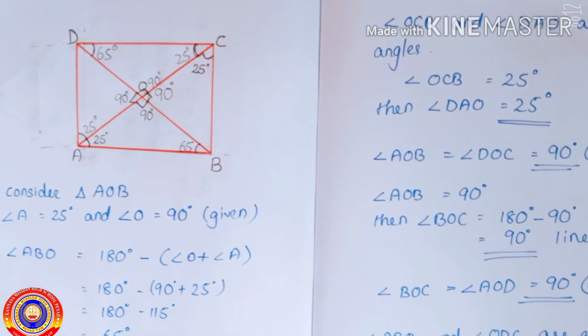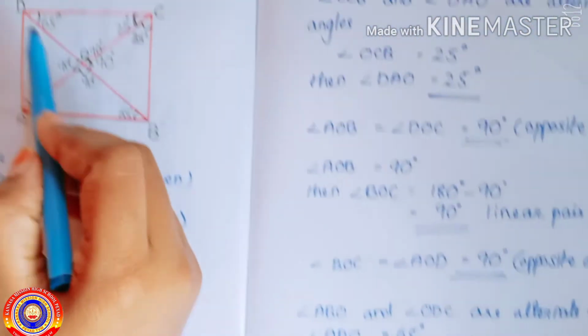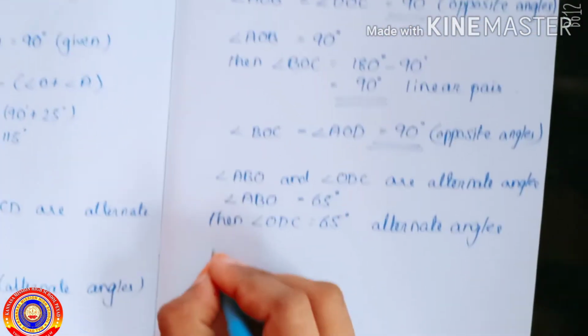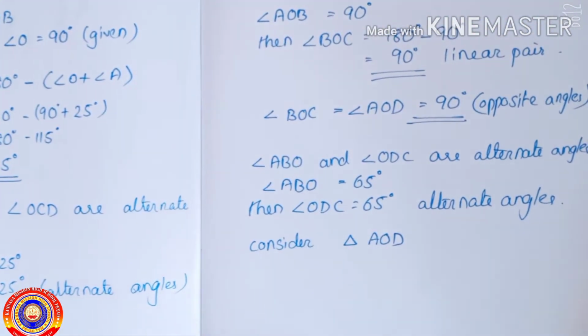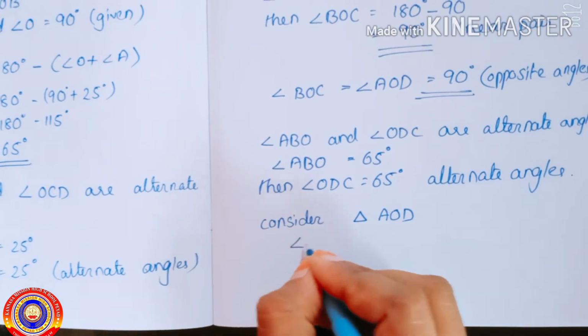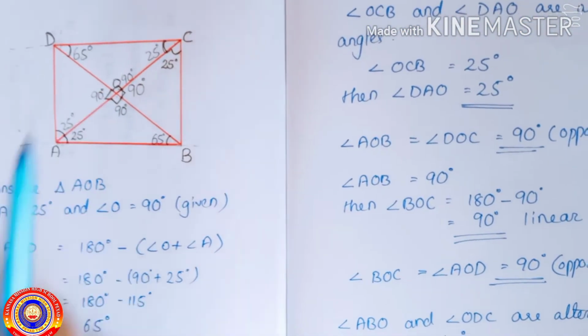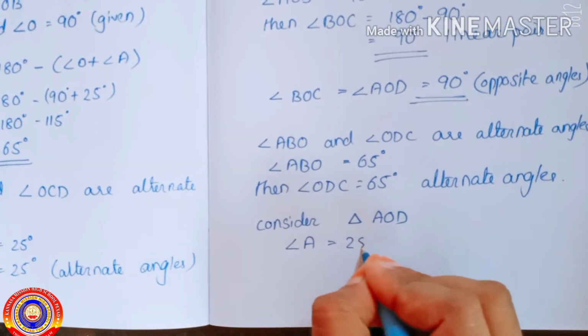To find the next angle, consider the triangle AOD. Here angle A is equal to 25 degrees and angle O is equal to 90 degrees.